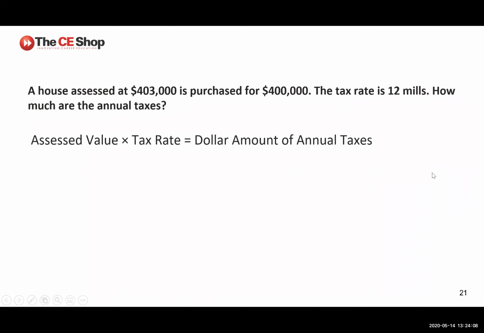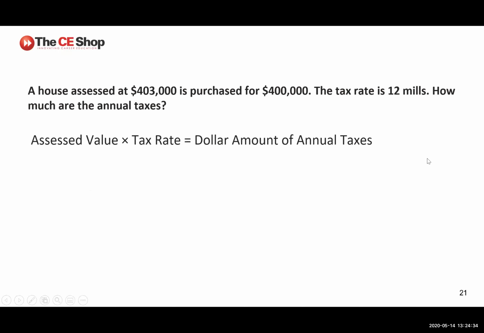You've got a house that's assessed at $403,000. It's purchased for $400,000. The tax rate is 12 mills. How much are the annual taxes? When you're doing tax bills, it's by the assessed value of the house, not what it's purchased for. So right off the bat, $400,000 doesn't have anything to do with it.